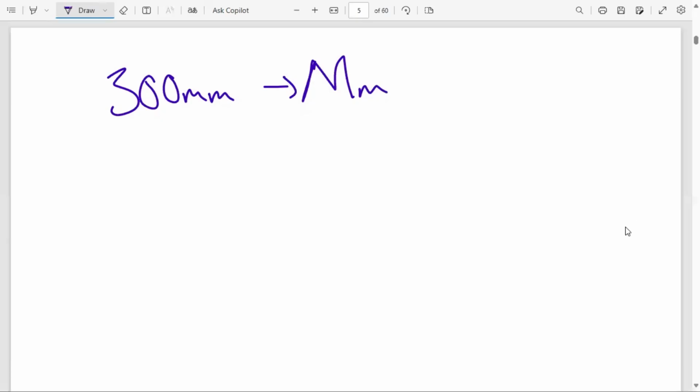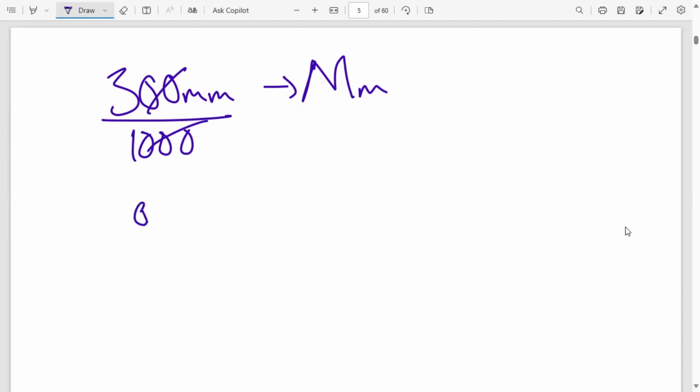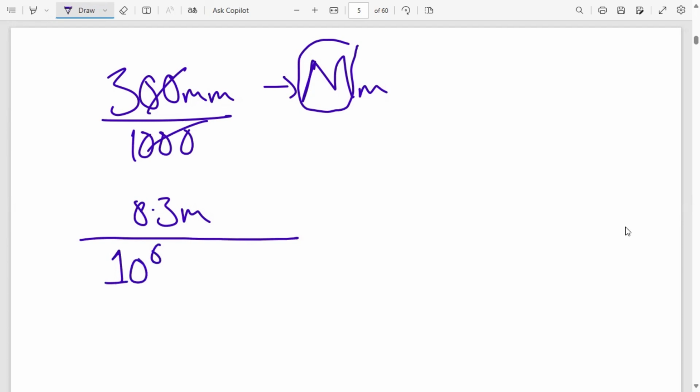Firstly, we can convert the 300 millimeters into meters, and we'll do that by dividing it by 1000. So we'll have 300 millimeters being equal to 0.3 meters. Now, since I've said mega is for million, how are we going to convert 0.3 meters into megameters? We're going to divide this 0.3 by 10 to the power 6 meters, like that.